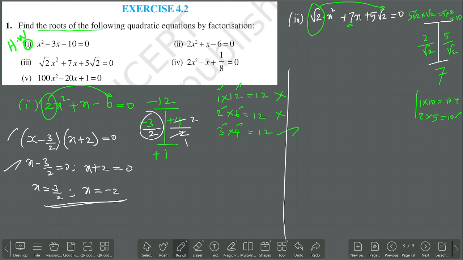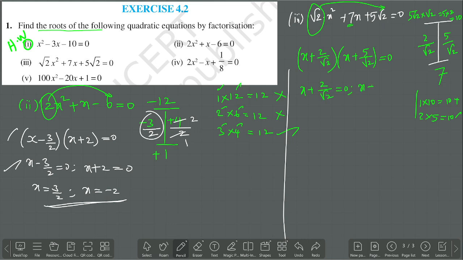Okay, in the end we will do. Here let it be as it is. Okay. Now what is the variable? x. So x, both are plus: x plus 2 by root 2, x plus 5 by root 2 equal to 0. Do you understand? Right. One more step: x plus 2 by root 2 equal to 0.